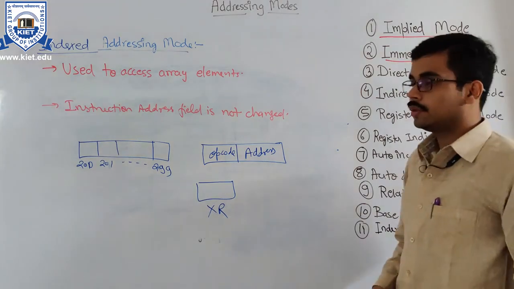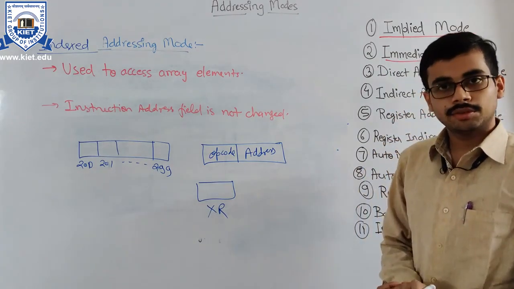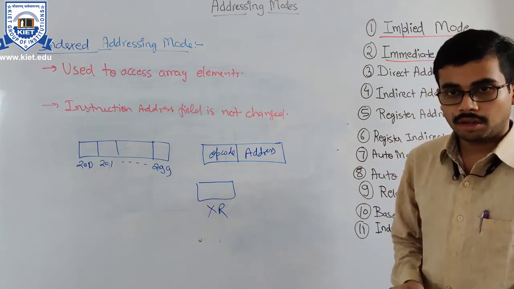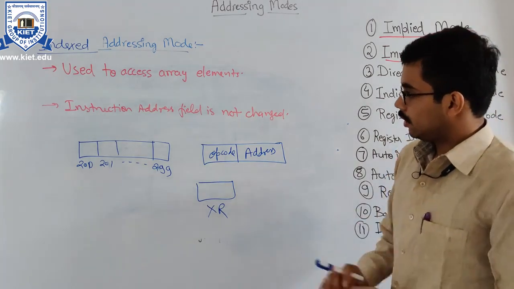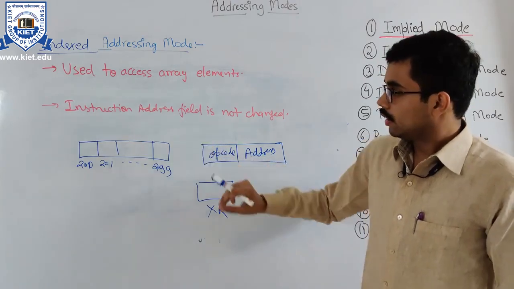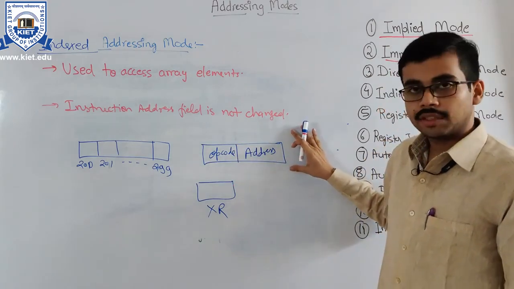The last addressing mode is the indexed addressing mode. It is basically used to access array elements. How? Suppose here is an array, and we want to access all its elements using some instruction format.